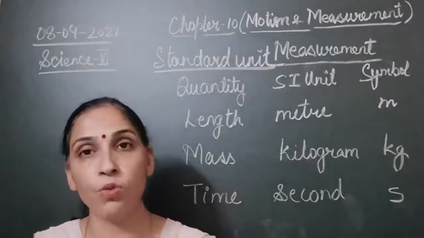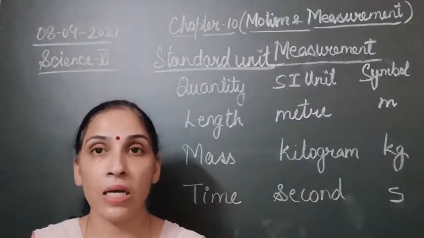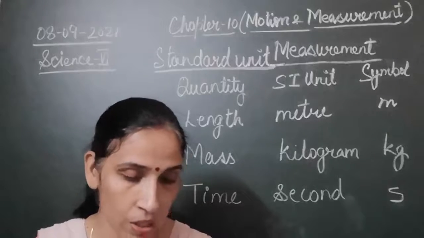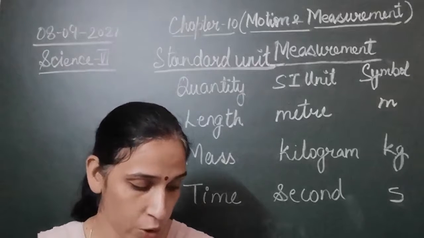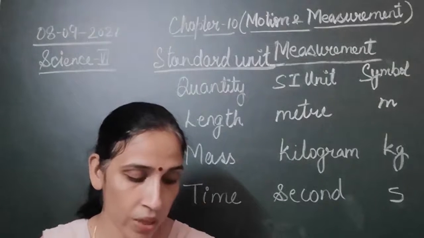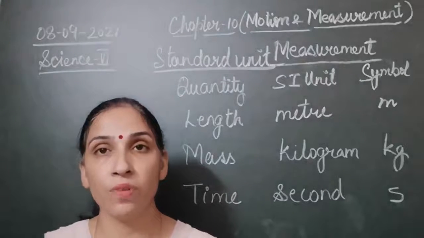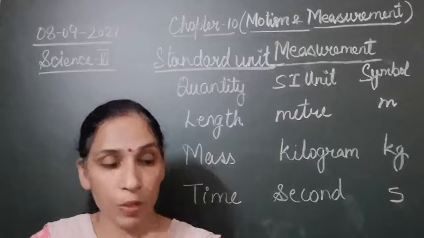Not only this, we were using many measurements, like we did in maths also. We were using different prefixes like deci, centi, milli, micro, kilo, mega. Different units of time also, like seconds, minutes, hours, and the relations between them.